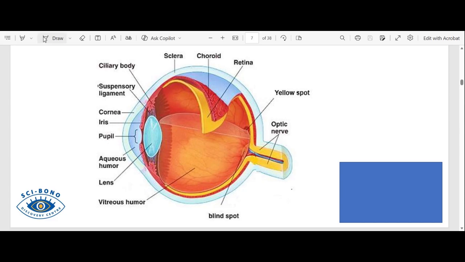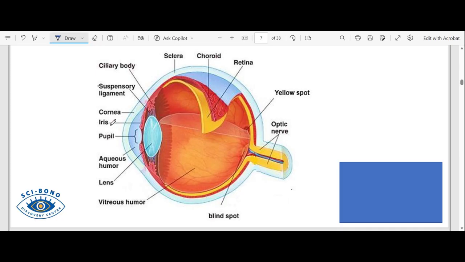So let me, I don't know whether I will be able to draw here, but it will refract light inwards, right? Focusing the light on the yellow spot because it is biconvex. Can you see? Even though my drawing is not that perfect, let me try to draw it better.